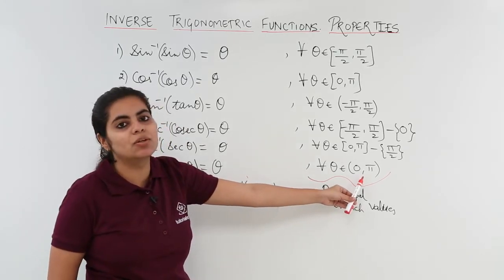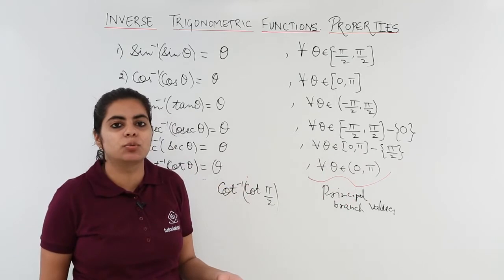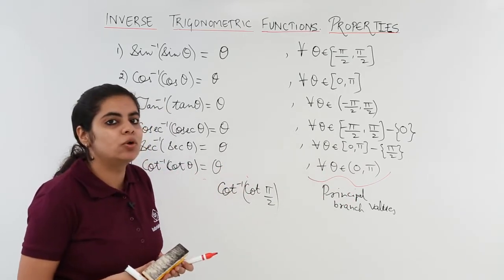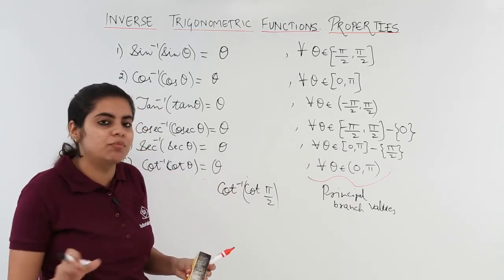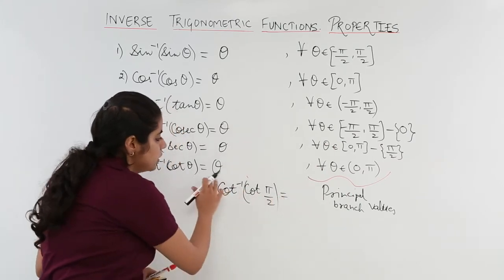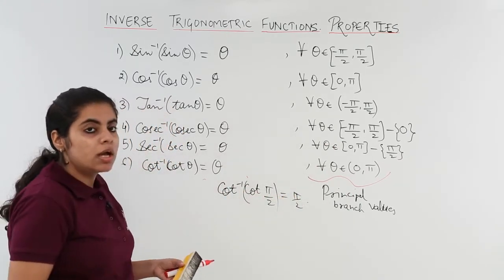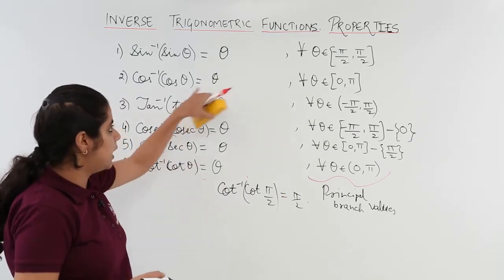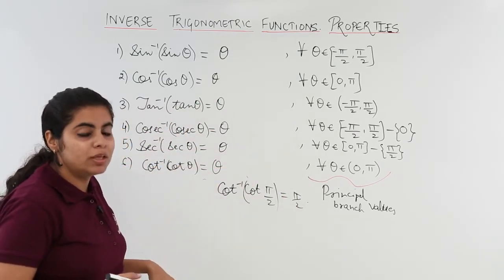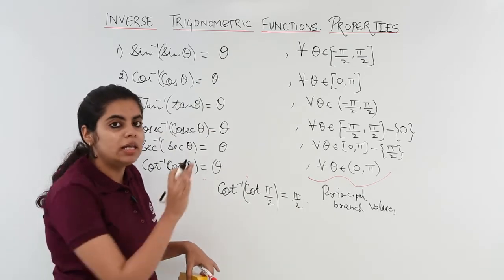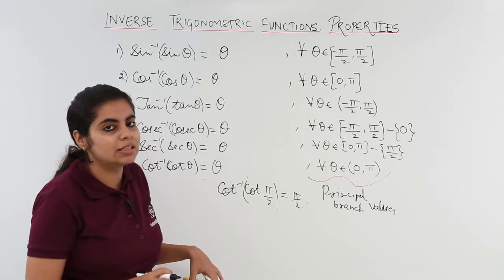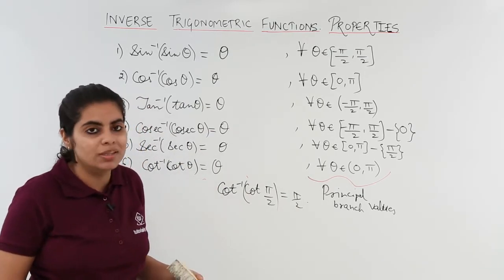Does it lie between 0 to pi? Yes, it lies between 0 to pi. Since it lies between 0 to pi, I don't need to think anything but simply write my answer as theta, which is pi by 2. So we understand that the table or the list given to me is very much useful. If I learn this properly, I can solve the questions with ease.